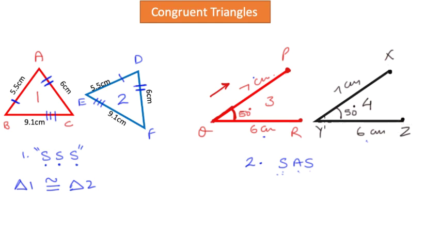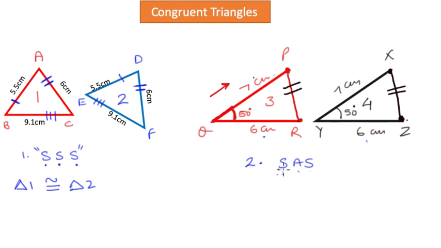Since our movements have been exactly the same in both cases at the same angle, the starting point and ending point have to be at the same distance from each other. So if you draw a line connecting point P and point R, it has to be the same as the distance between point X and point Z. And hence we say that all three segments will be of the same length, as long as we have two sides and one angle the same between two triangles.